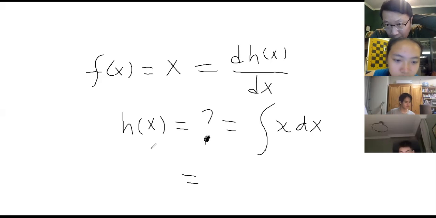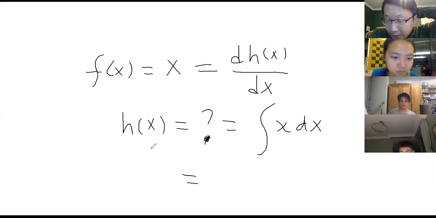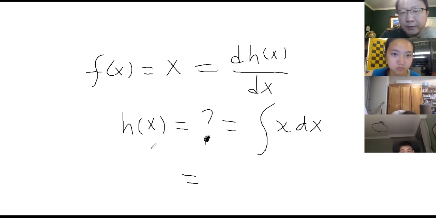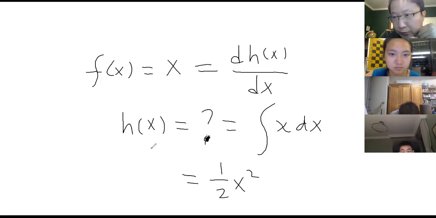So basically, derivative is slope, and the integral is basically the area underneath that curve, integrated all the way to the point you want to know. So this function's derivative equals x, right? Yeah.